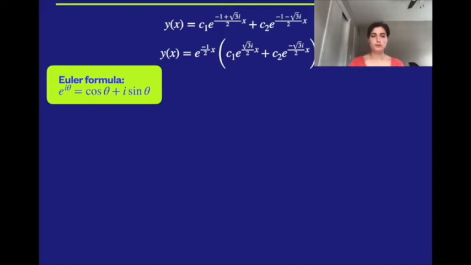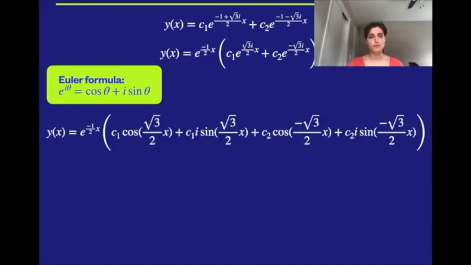It's a way to relate the imaginary powers of the exponential to the trigonometric functions, cosine and sine. It's extremely useful, but this might be one of the first applications you have seen. So I just apply the Euler formula, and I transform all my exponentials of imaginary numbers into cosines and sines of things that are not imaginary anymore.